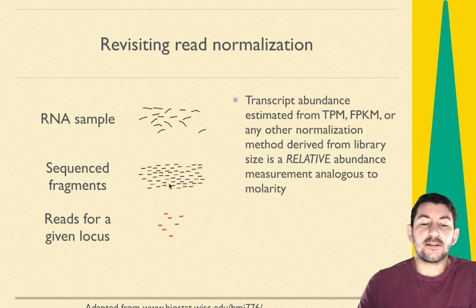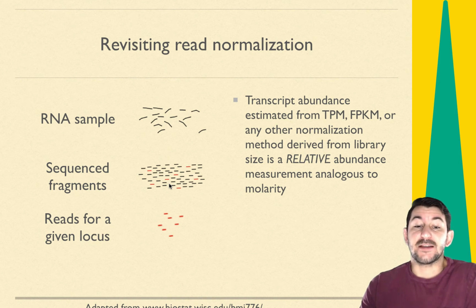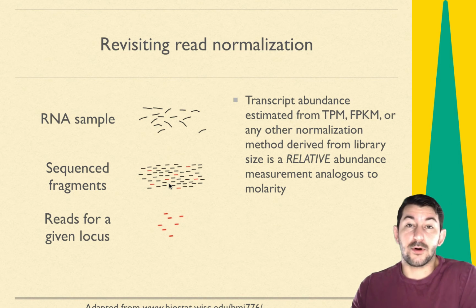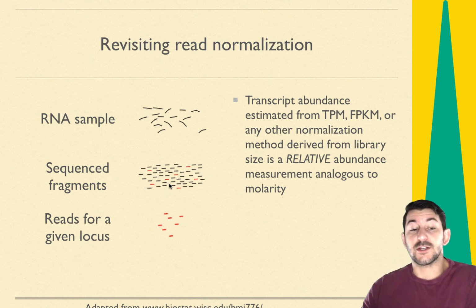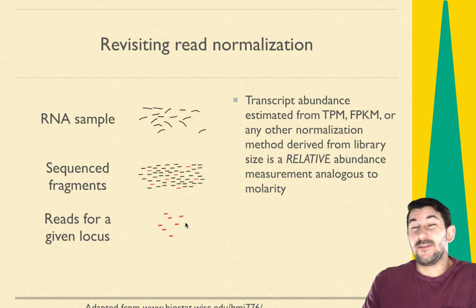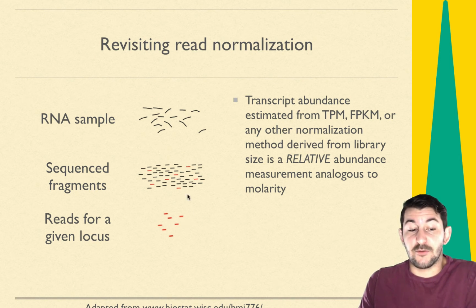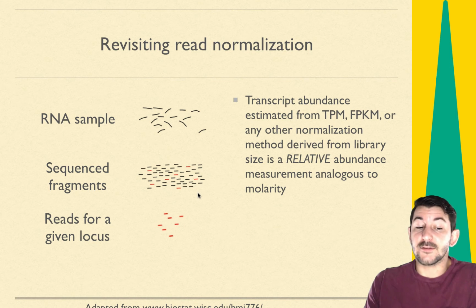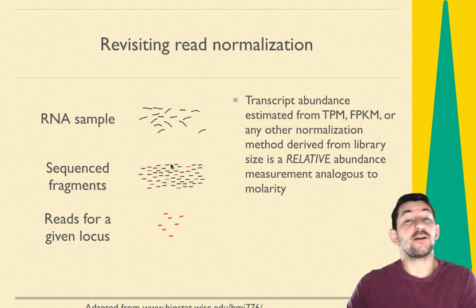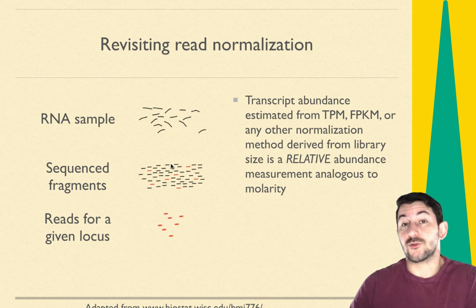And so something that's important to keep in mind is that we're not actually counting the number of transcripts from that species. We are counting effectively, because we're dividing by the number of millions of reads that we sequenced, the proportion of reads for a given region relative to the whole. You can think of this as analogous to concentration or even molarity.